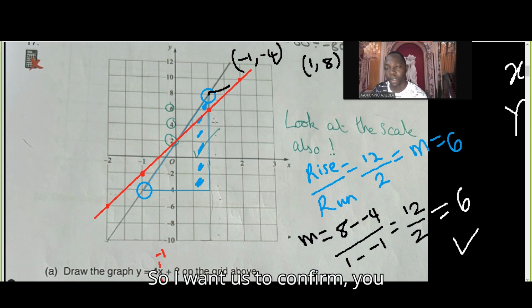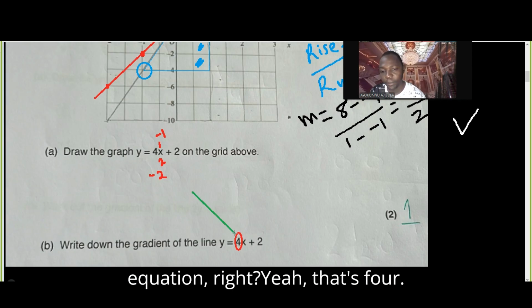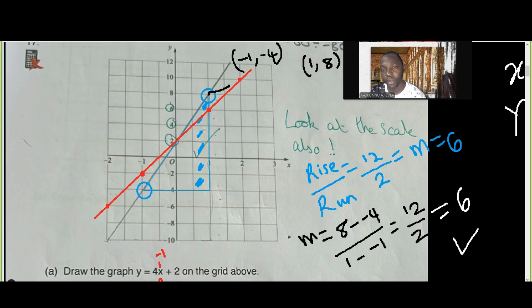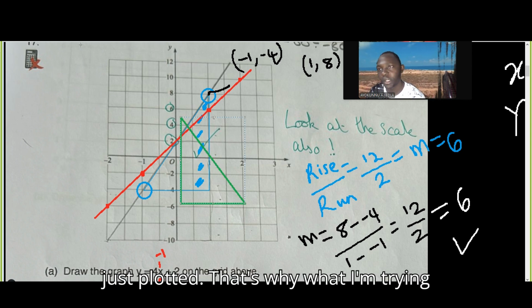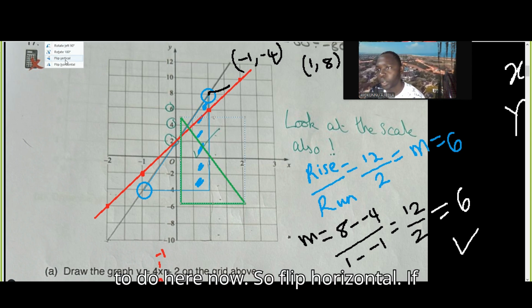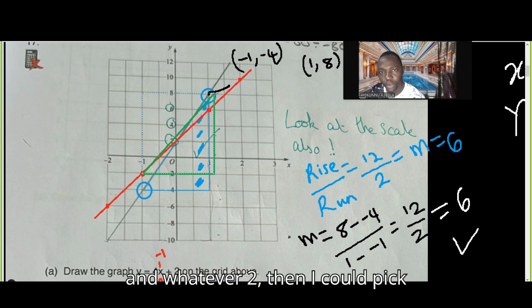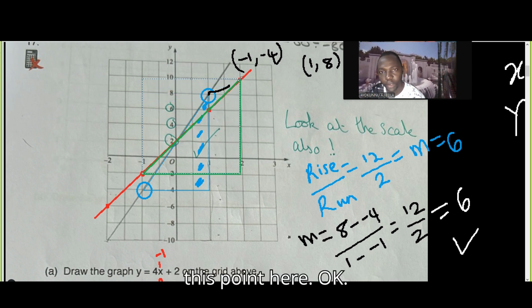So I want us to confirm, the gradient is obvious from this equation, right? Yes. That's 4. So for the new graph, for the new line, I want us to confirm from what we just plotted. That's what I'm trying to do here now. So if I pick this point, -1 and 2, then I could pick this point here.